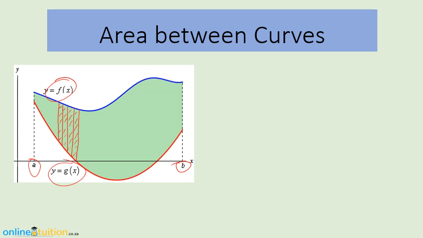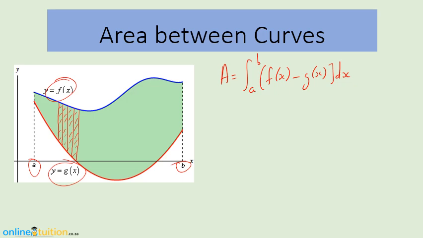So we can write the area between these two curves from A to B. It's the top function minus the bottom function dx. There you have it.